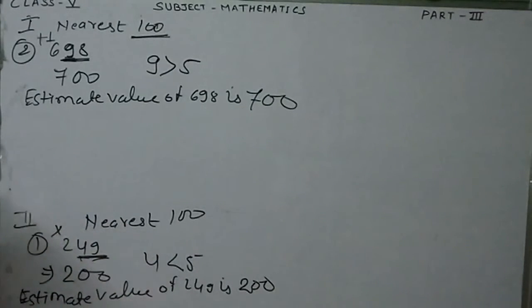Now your first part is the estimate. First one is the estimation of addition: how to estimate the numbers and afterwards do the addition.